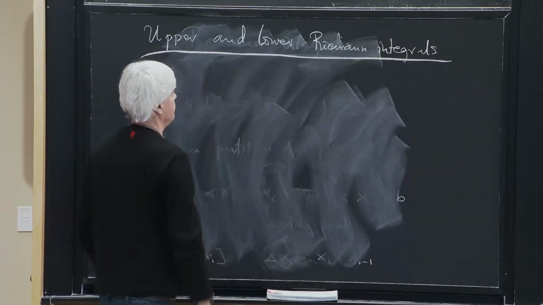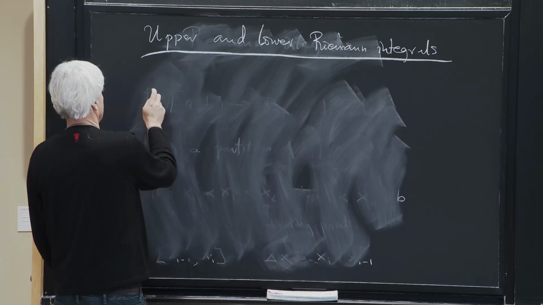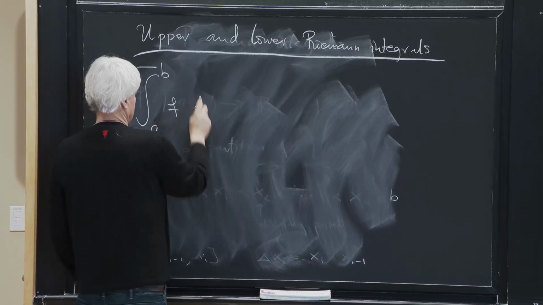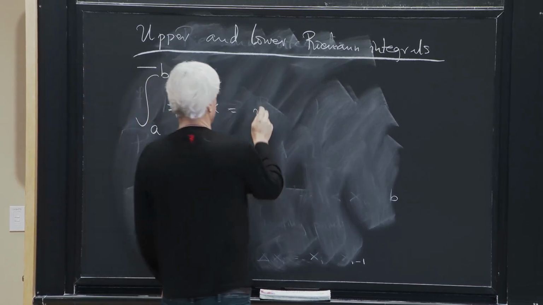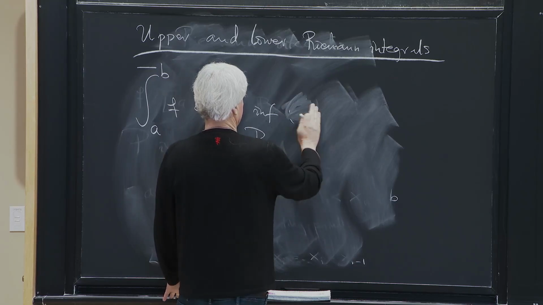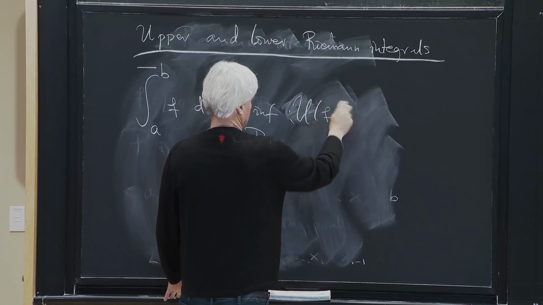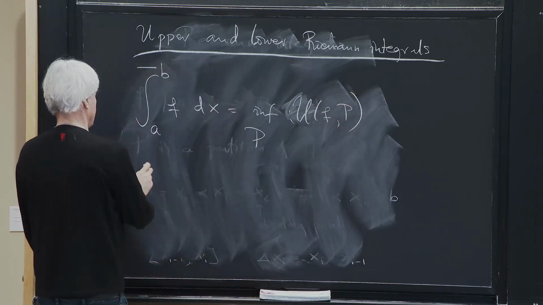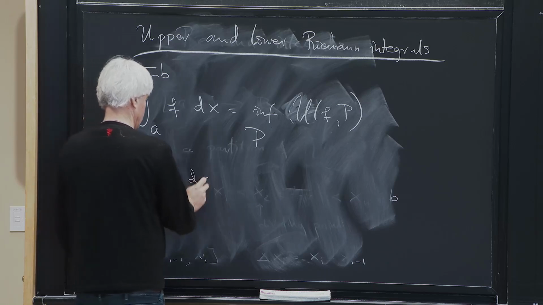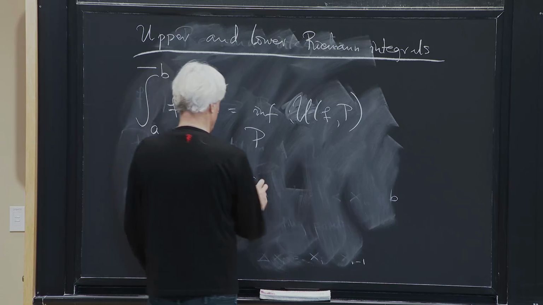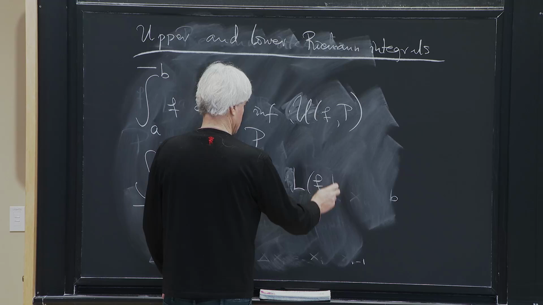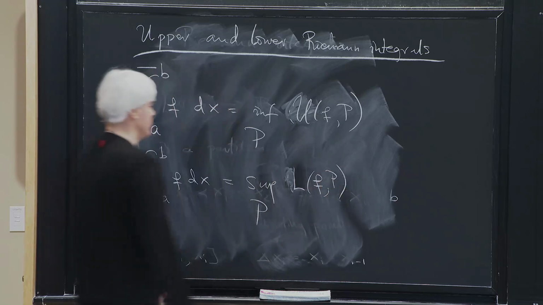We define them as follows: the upper one we denote like this, and this is the inf over all partitions of the upper sum. And likewise, we define the lower Riemann integral of this bounded function to be the sup of the lower sums, so the sup over all partitions.